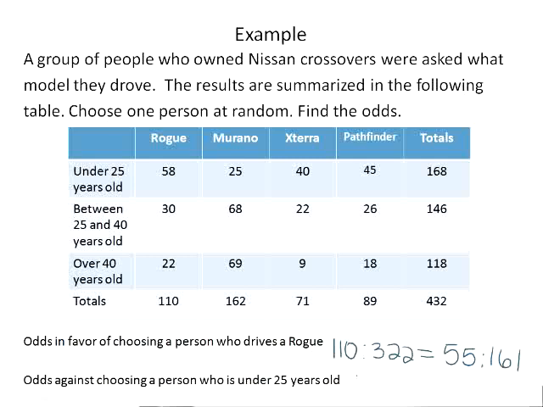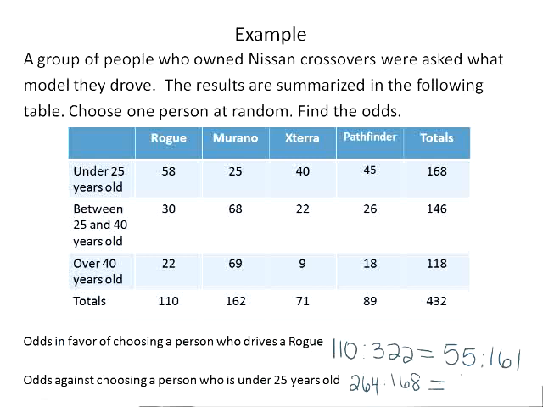And then the odds against choosing a person who is under 25. Well, how many people are under 25? There are 168 of those. So in our comparison, the 168 will go on the right-hand side, and then we'll subtract that from the total of 432 to get 264.